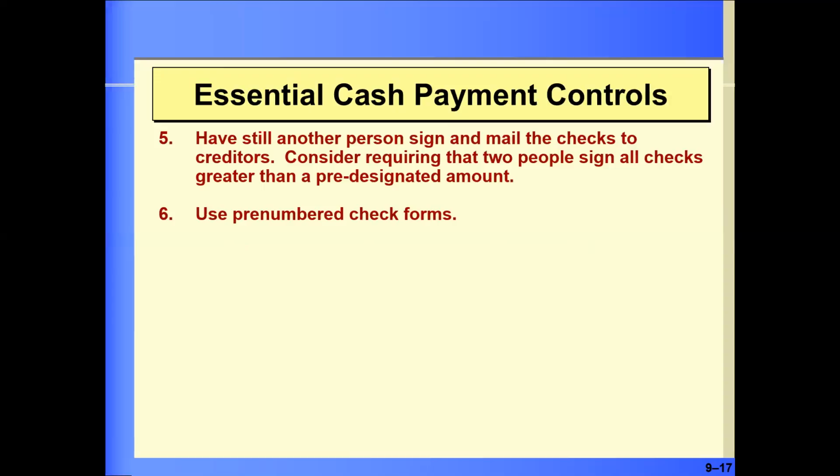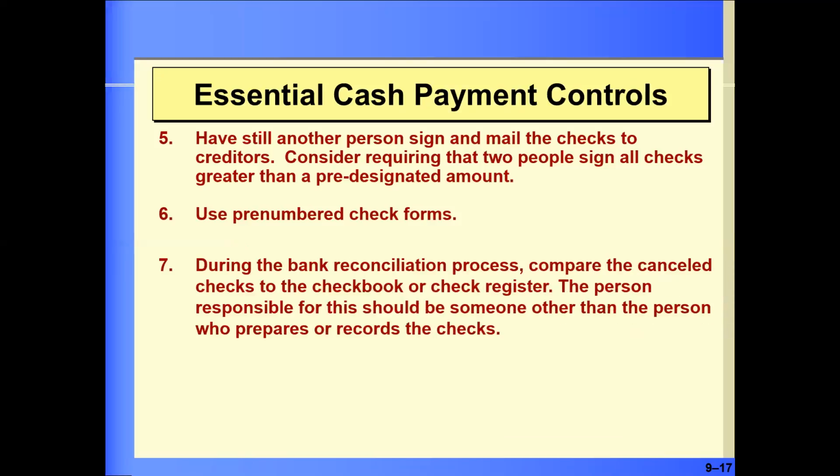I don't even think you can get checks that aren't pre-numbered, except for those very first few checks that you get. But even those are numbered, 001, 002. So I don't think checks even exist now that are not pre-numbered. Right. If you find them, don't use them.